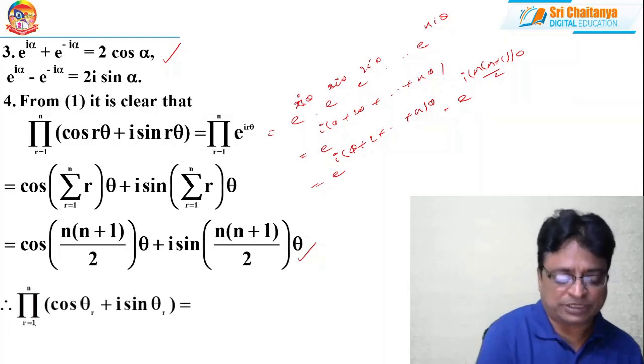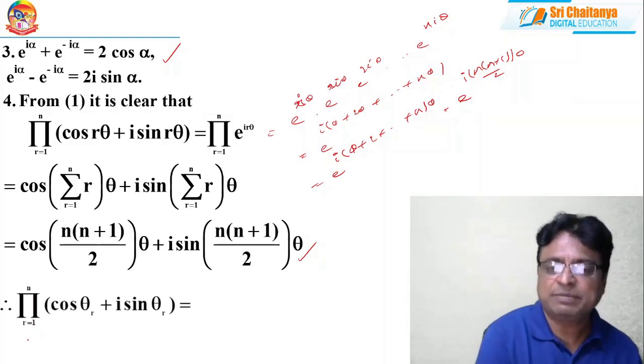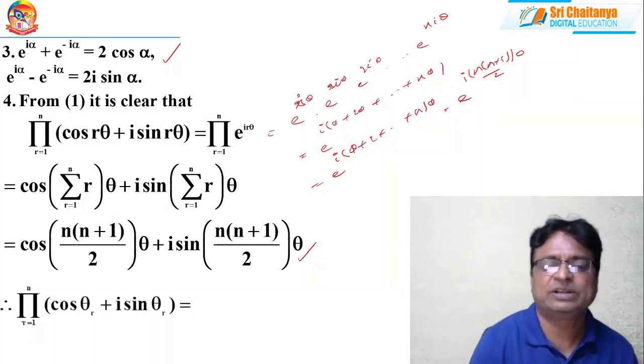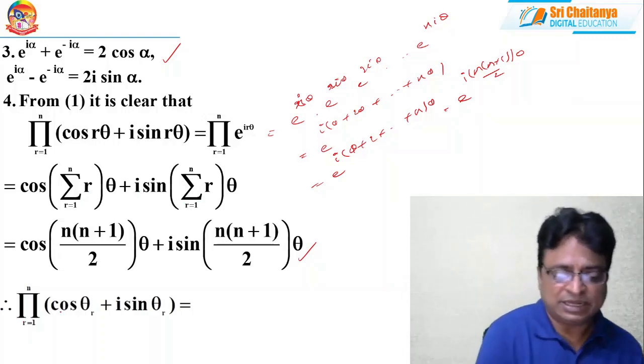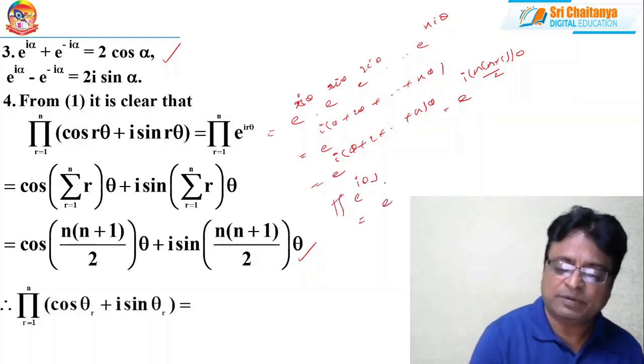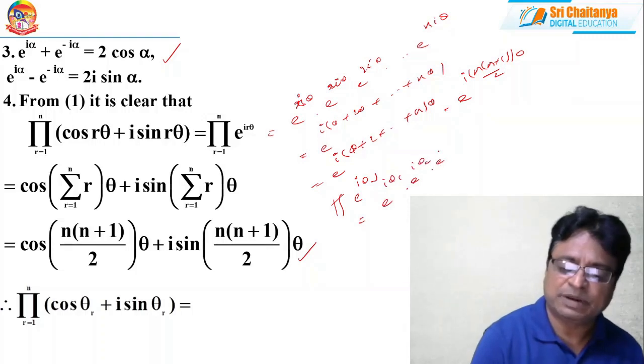So pi means product, sigma means sum. We can represent the notations like this. Here the product of (cos theta r plus i sin theta r) is the product of e power i theta r. That is e power i theta 1 into e power i theta 2 into e power i theta 3 and so on, e power i theta n.